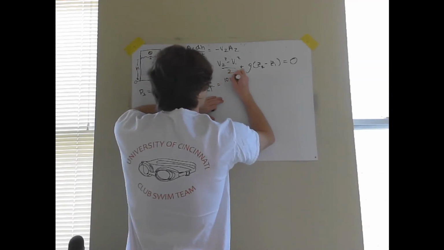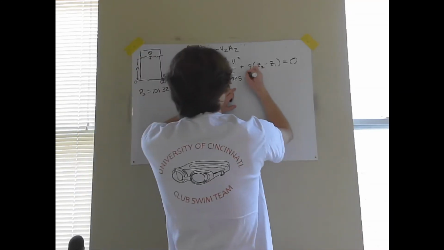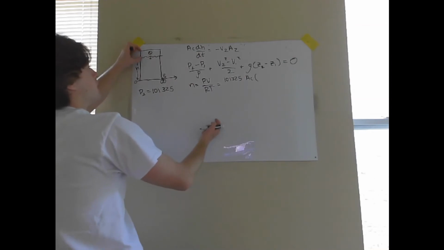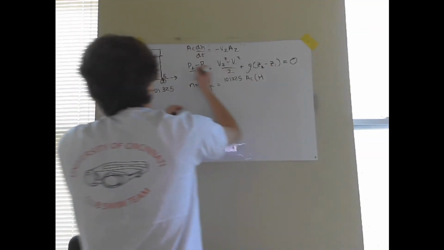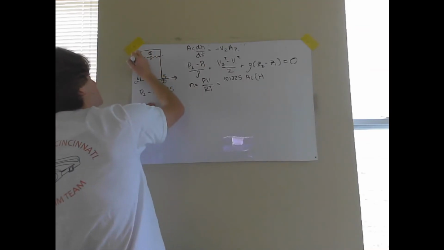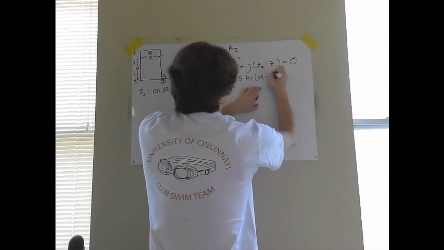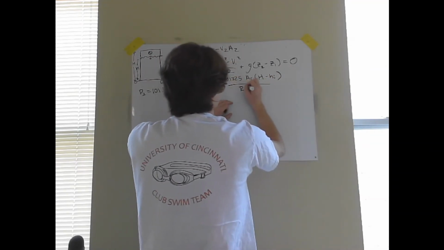So we have 101,325 times the volume, which is our cross-sectional area times the height of the air, which is the total height of the tank, which I'm going to call big H, minus the initial height of the fluid, all over RT.